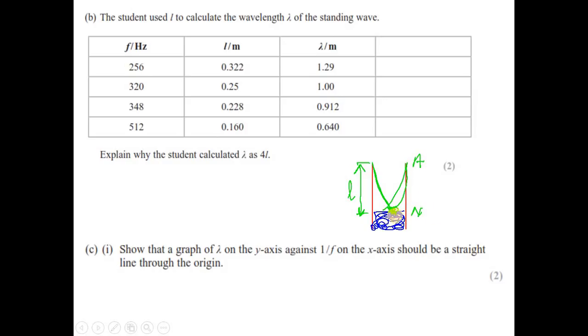So this is node formation, and from antinode to node the distance in terms of wavelength is lambda by 4. So you can say that the length measured is equal to lambda by 4. So lambda is equal to 4 times L.